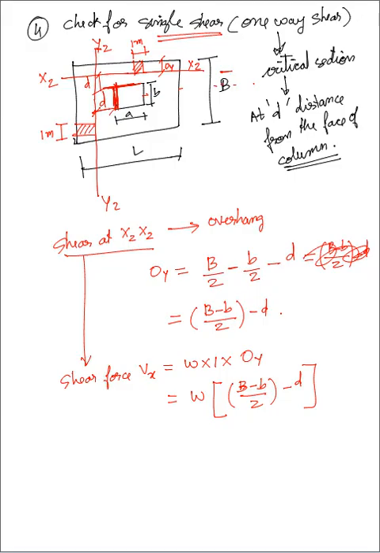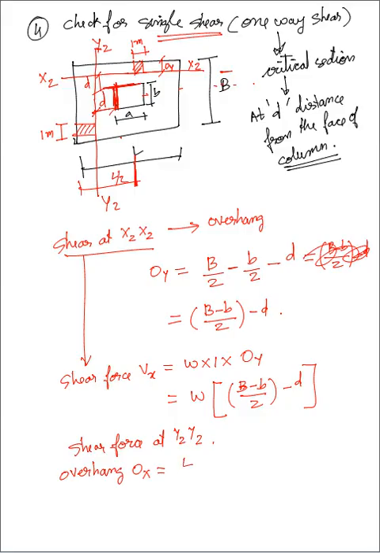Same way we have to find out the shear force at y2 y2. So what will be the overhang? Let me write it as OX. So OX, it will be, now here I have to consider this half portion. This is your L by 2, half is L by 2.